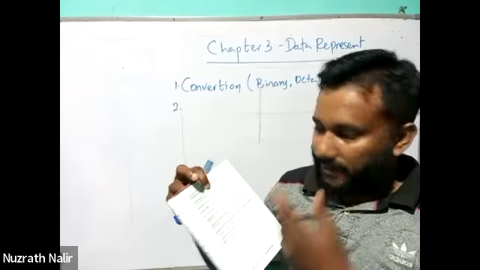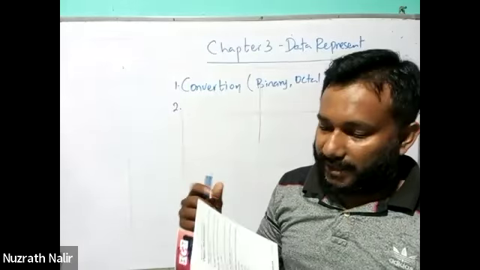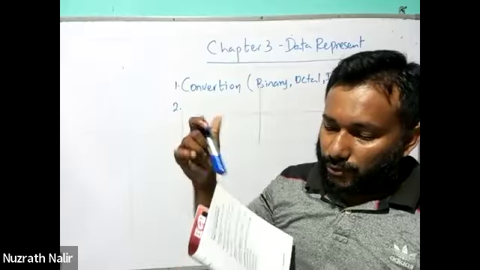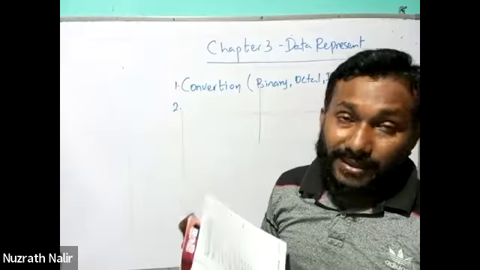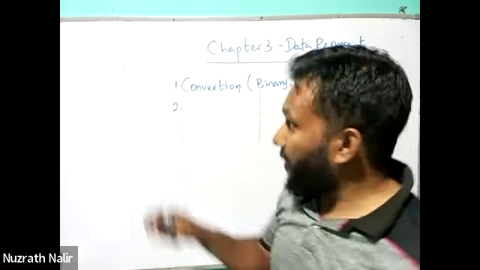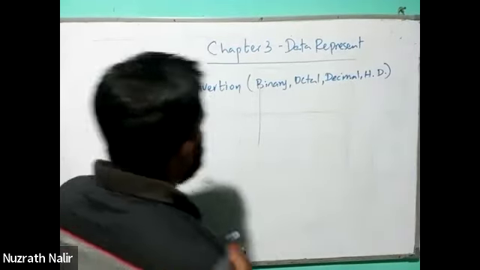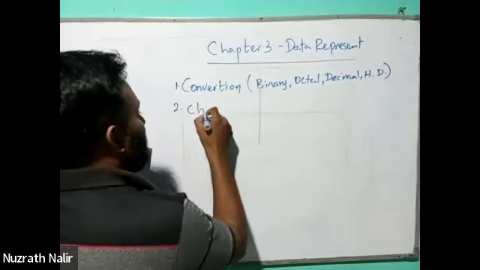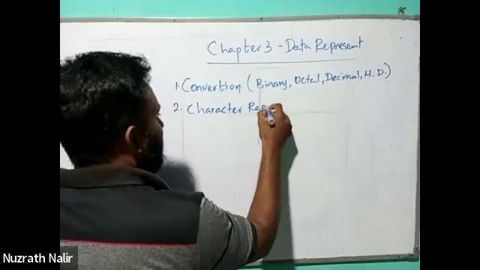That's what we are going to do, because the number system is just grouping, understanding how this works, and conversion. So you should know what the base and the radix are, bit, binary, a byte is a group of 8, and a coding system. So this is called data representation. Under data representation, the first one is conversion, and the second one is character representation.